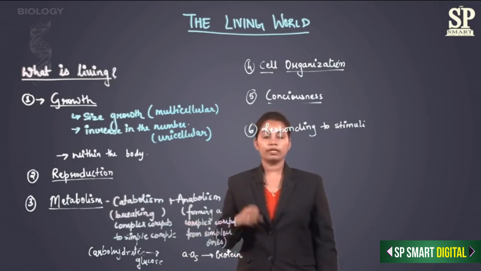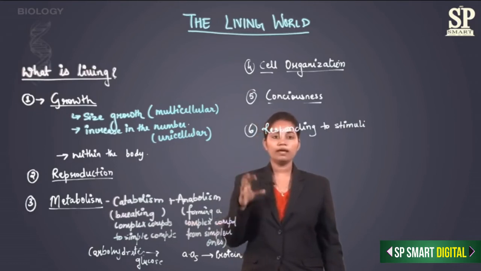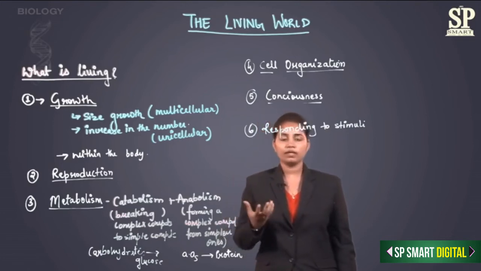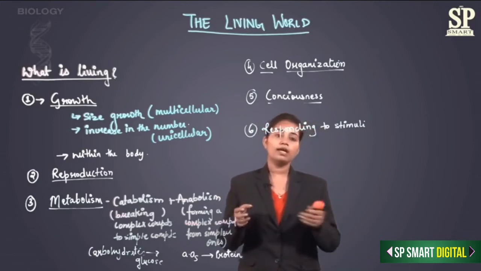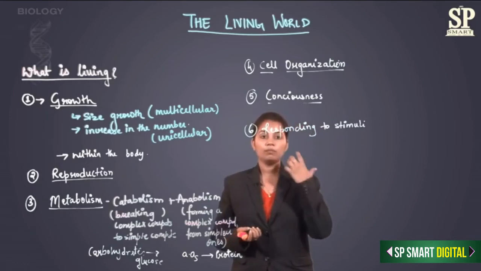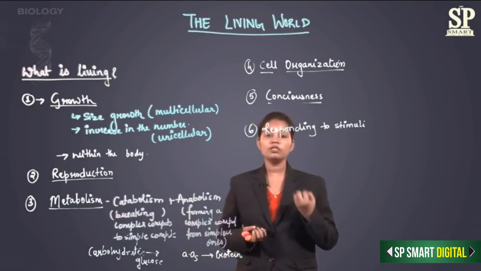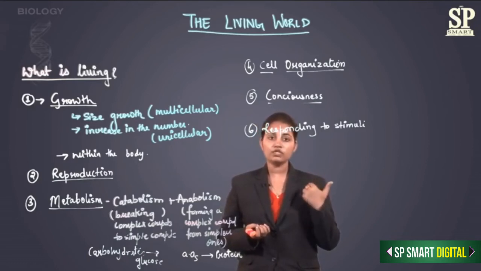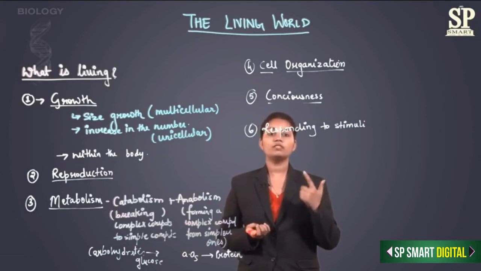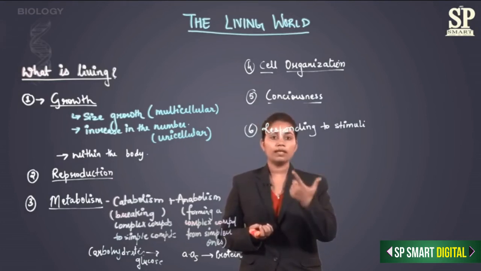Responding to stimuli means whatever external stimuli is given to a body, my body should respond against it, right? And this external stimuli can be any factor like external shocks or any other kind of external stimulus given to the body, and the body's cell receptors receive these stimuli and send them in the form of signals to the brain, and then my brain responds how to react against that stimuli which my body has received.